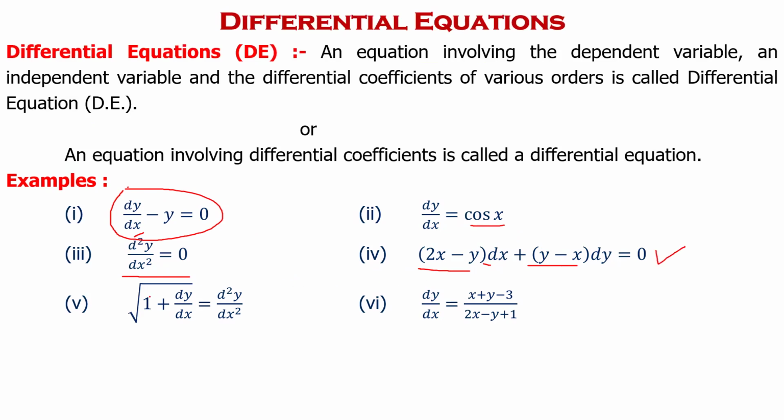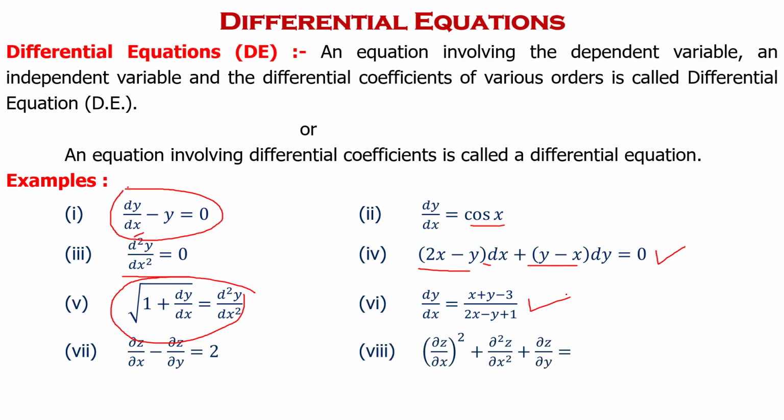Similarly, the fifth example is root over 1 plus dy/dx, which is equal to d2y/dx square, is also an example of a differential equation. Sixth is dy/dx is equal to (x plus y minus 3) upon (2x minus y plus 1), also a differential equation. Similarly, del z/del x minus del z/del y equal to 2. This is also a differential equation, right?